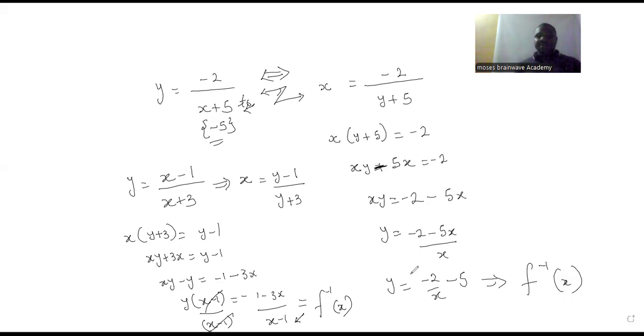When you consider the inverse, we cannot have 0 in the denominator, because this becomes undefined. Considering this one also, x minus 1 can never be 0. Here, x can never be minus 3.